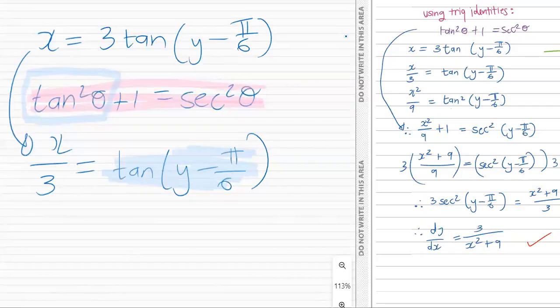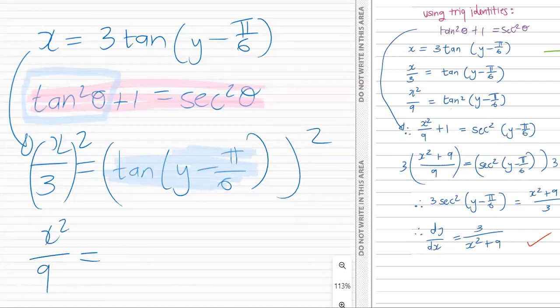First of all, we need to square both sides. This becomes x squared over 9, and the other side becomes tan squared, and whatever is inside the bracket is your angle theta. Now we have it looking like tan squared theta.